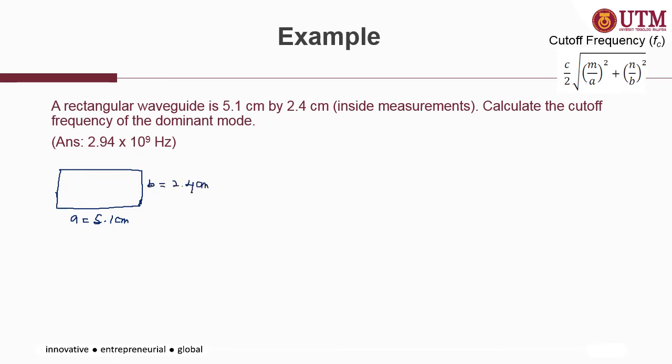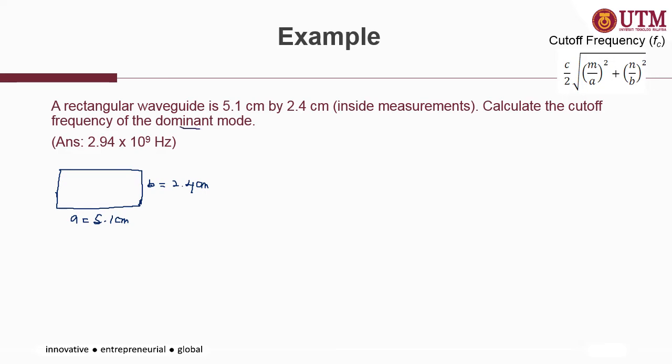When you have a question, I recommend you draw or sketch the waveguide structure so that you can relate the parameters with the illustration. Then calculate the cutoff frequency of the dominant mode.